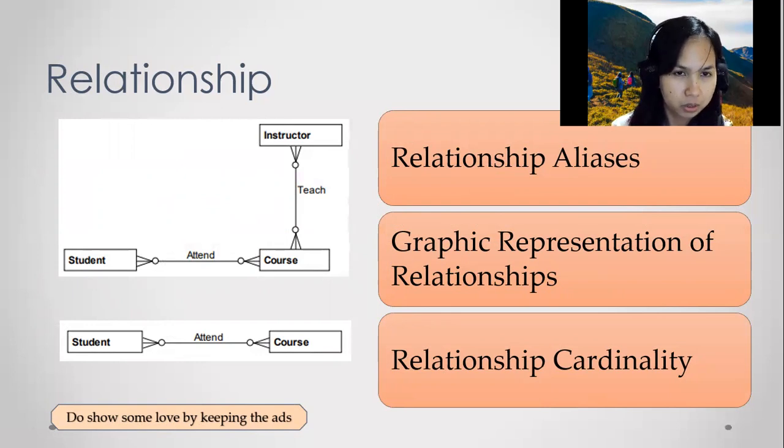The relationship between instructor and course captures the rule that an instructor may teach courses. The symbols on the line are called cardinality. They capture the rules in a precise syntax.